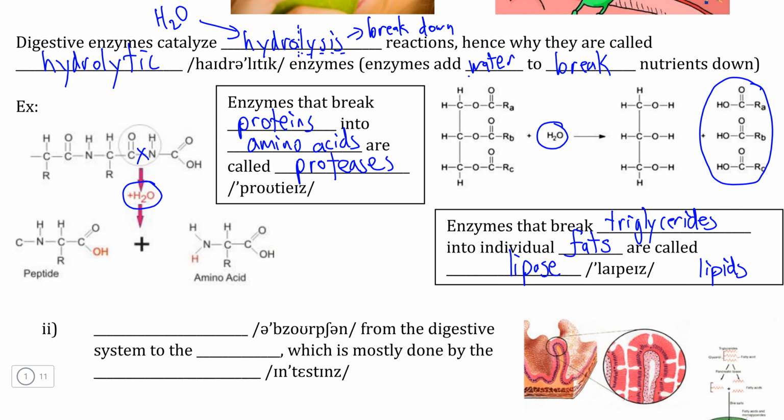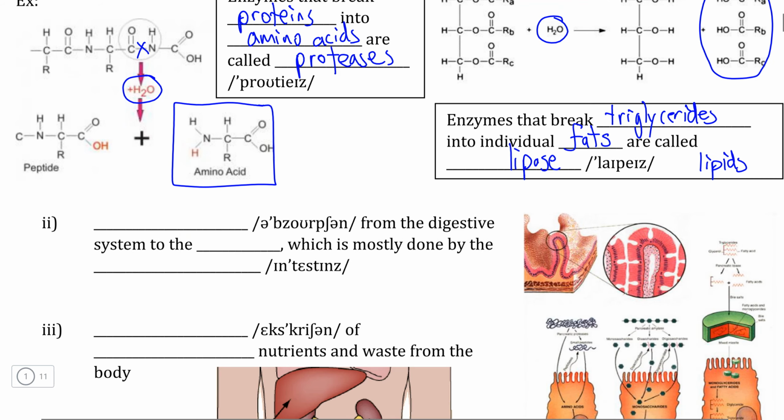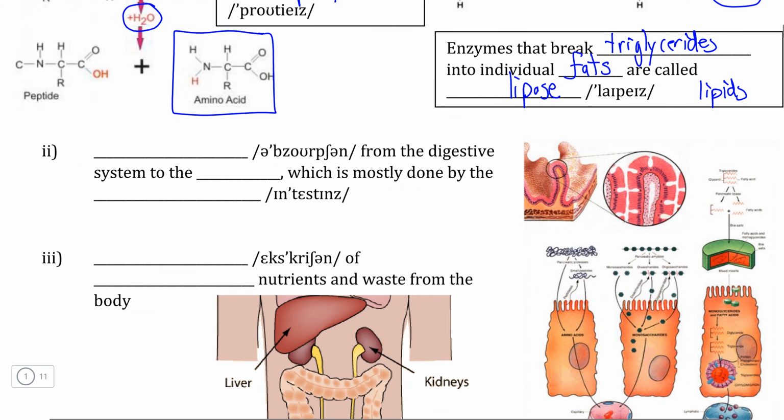Once this entire process is done, all of the nutrients from your food are converted into smaller forms that are more easily usable by the cells within your body. The problem is that we actually need to get them into the cells within our body, which means we need to get them out of your digestive system and into your blood in order for these nutrients to be transported to the cells in your body that need them.